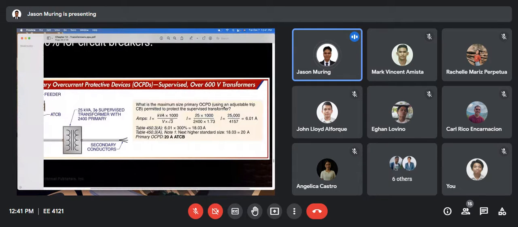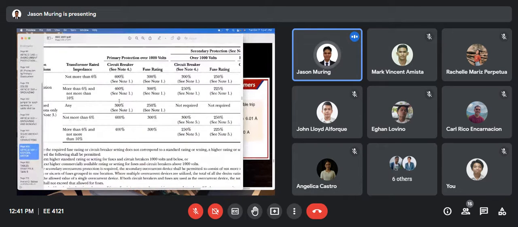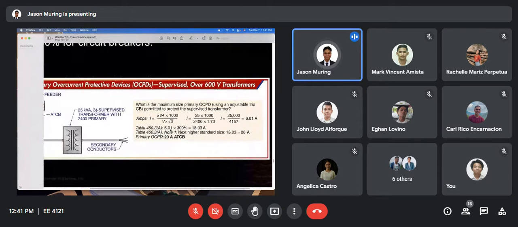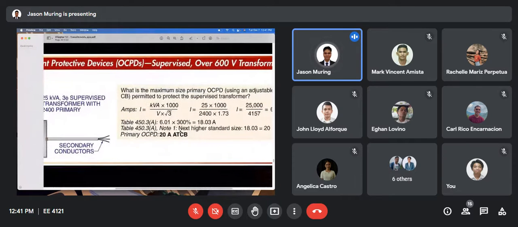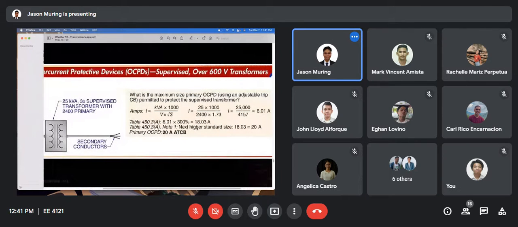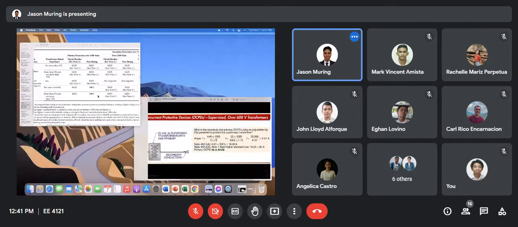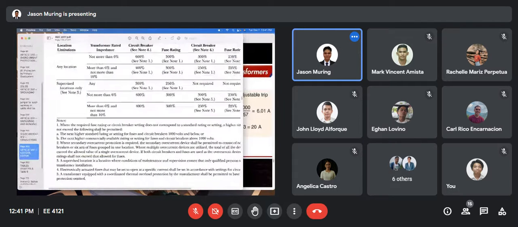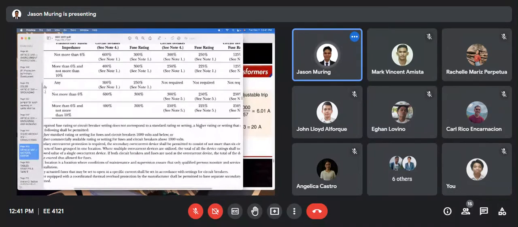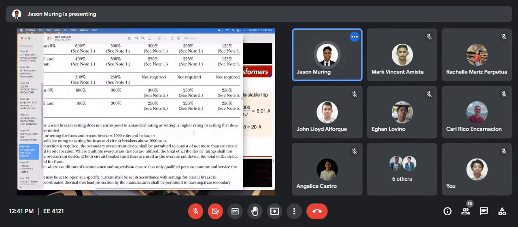Then since this is an adjustable trip circuit breaker, we have to look at this column. For circuit breaker, 300%. So that's why we have here 6.94 times 300%. Then according to note 1 here, we have to use the next higher rating.